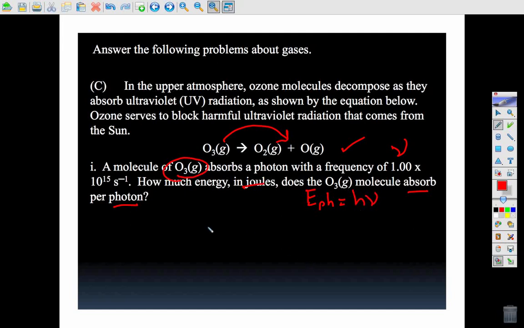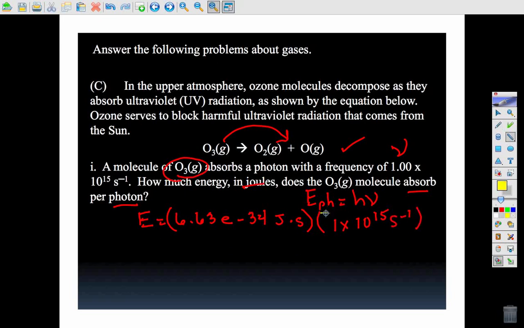Energy of a photon is Planck's constant times the frequency. So my energy will be 6.63 times 10 to the minus 34th joule seconds times the given frequency, 1 times 10 to the 15th seconds to the minus 1. Now, I want you to pay attention.